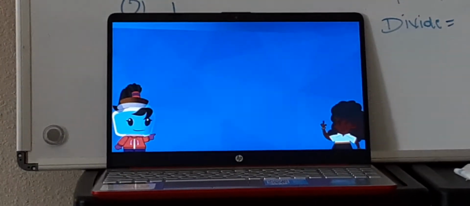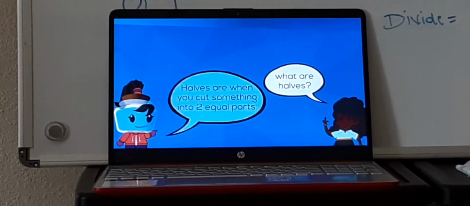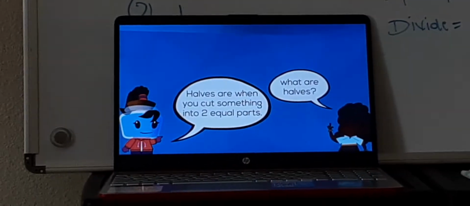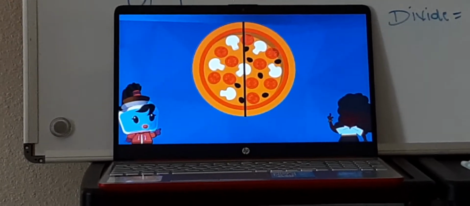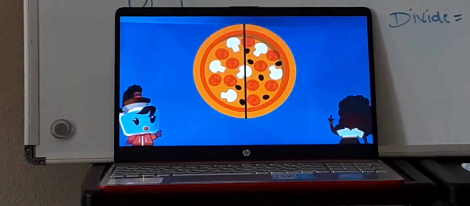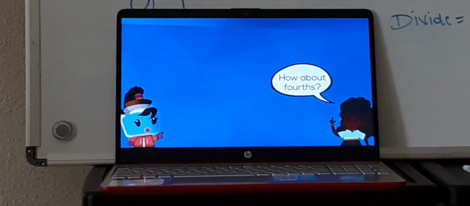Sarah is wondering what halves are. Let's tell her. When you cut something into 2 equal parts, these 2 parts are called halves. Look, Sarah gets it now. She's slicing the first pizza into 2 equal parts. Now she wants to know what fourths are.